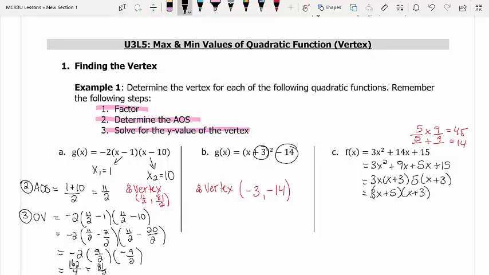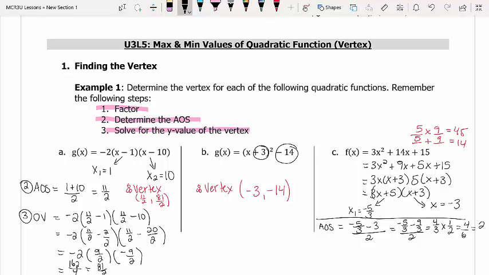Okay, so you know that your zeros are at negative 5 over 3 and negative 3. So now you're going to find your axis of symmetry. And now you're going to find your optimal value by plugging in 2 over 3 into your original equation.